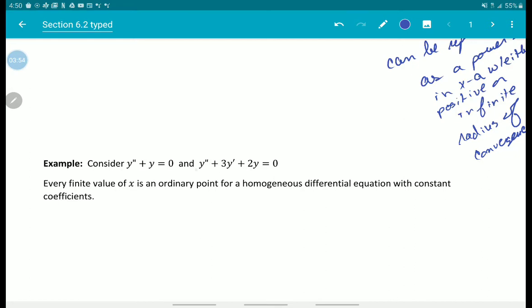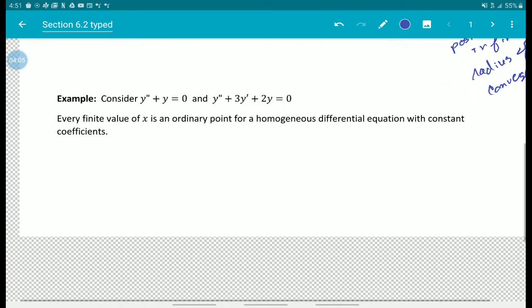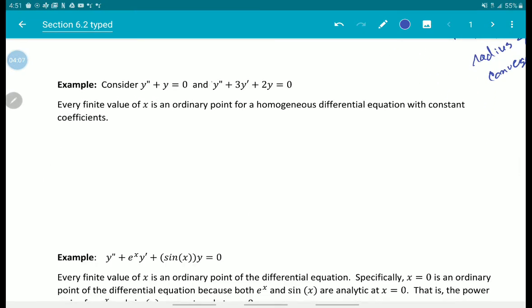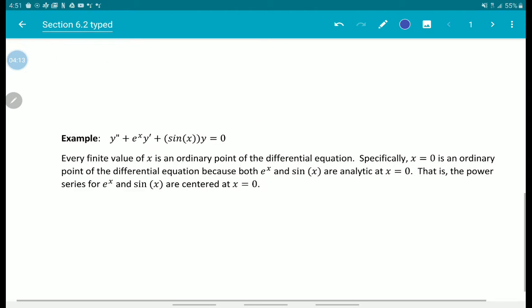And it actually doesn't matter what those coefficients are. If they are constant coefficients, then you're not going to have any kind of issues here. Obviously, the leading coefficient has to be a 1, or some other number other than 0, for it to be a second order differential equation.